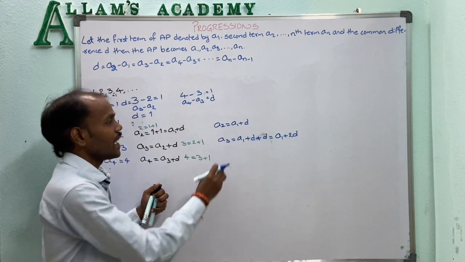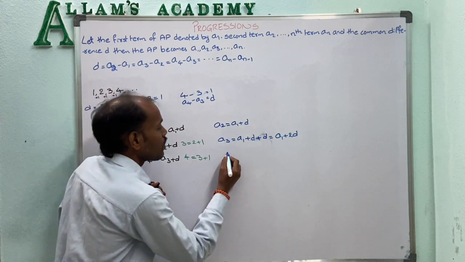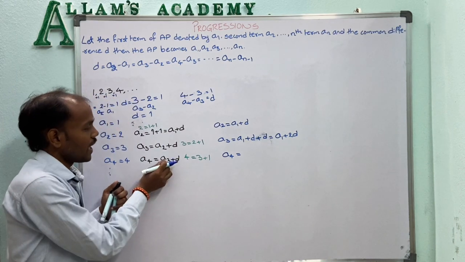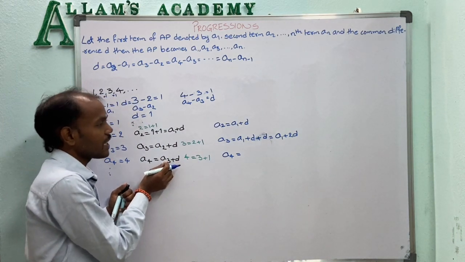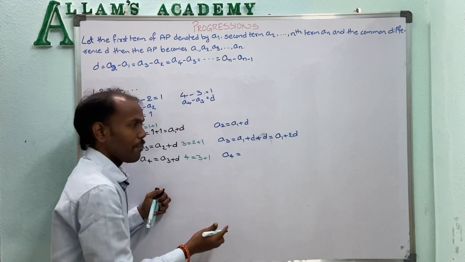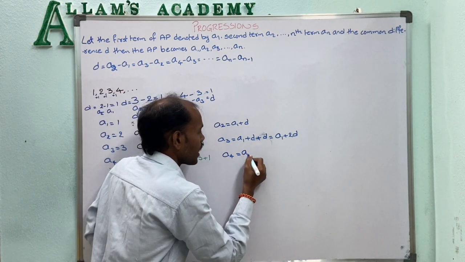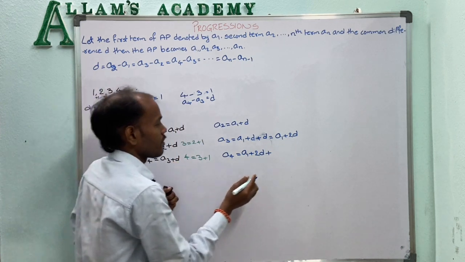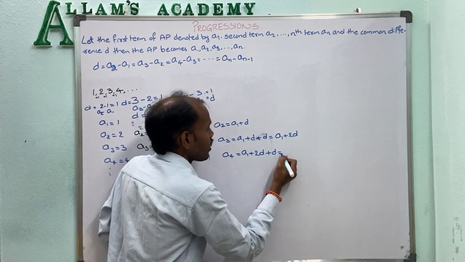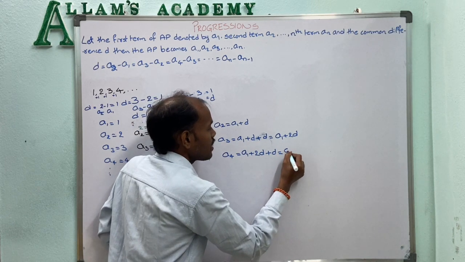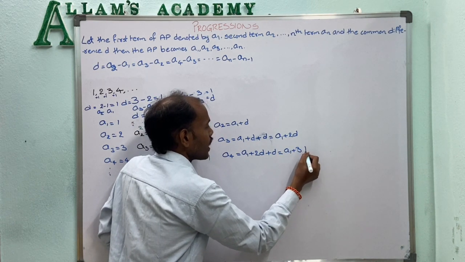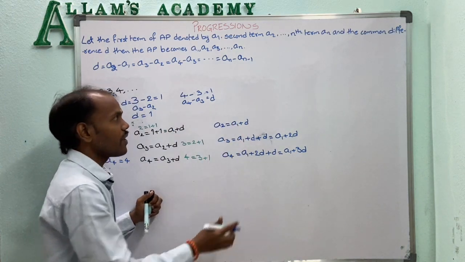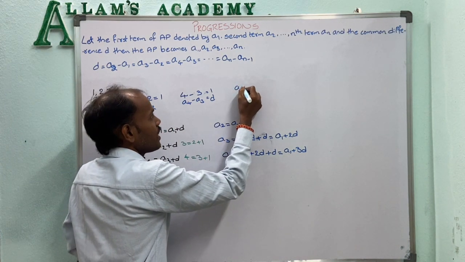Now A4 is equal to A3 plus D, and A3 is nothing but A1 plus 2D, so A1 plus 2D plus D. So 2D plus D is 3D, and A4 is A1 plus 3D.